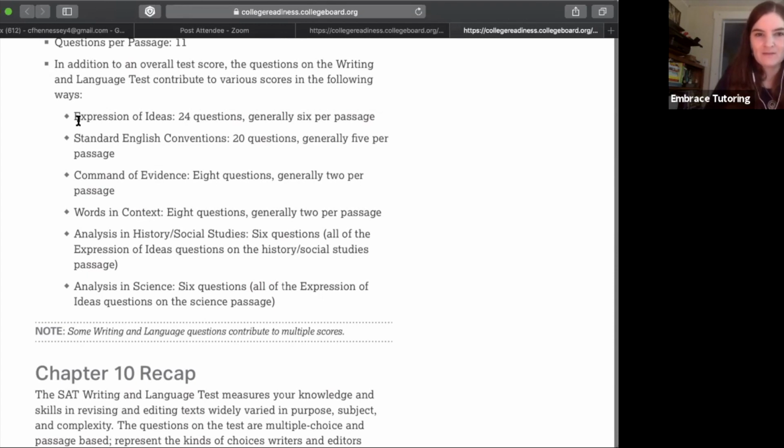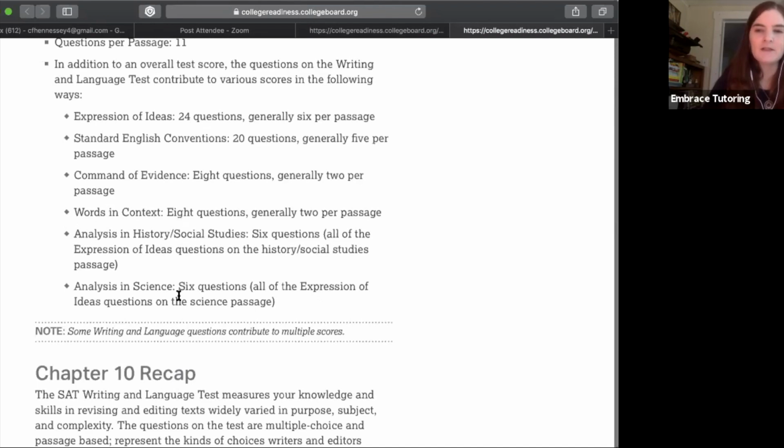So there are questions that involve expression of ideas or standard English conventions. They're not necessarily specifically on that. They may have a variety of skills that they're testing you on in a given question. Command of evidence, same thing. So your ability to use, interpret and apply information. And they break down the number of questions, the same thing for words in context. So those are more vocabulary oriented.